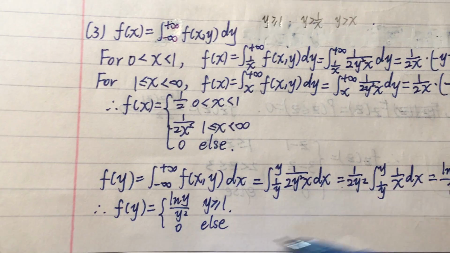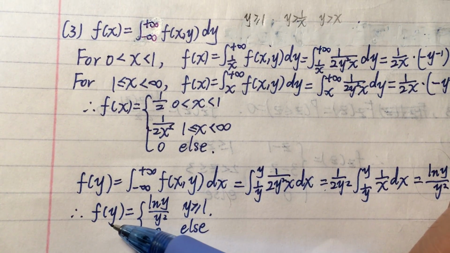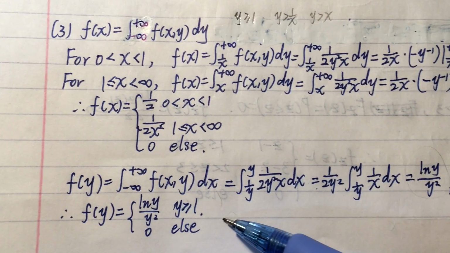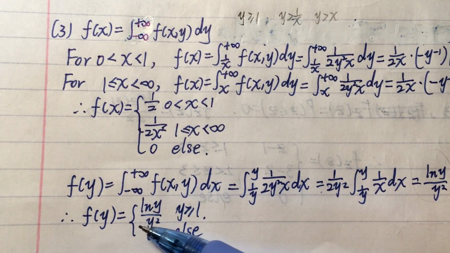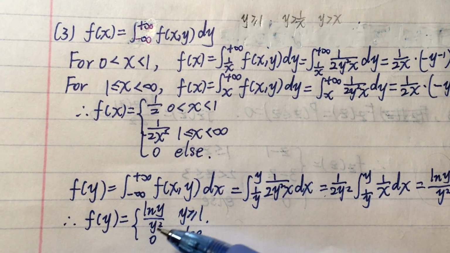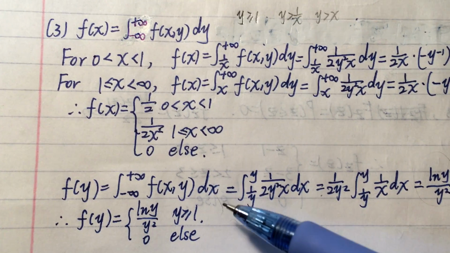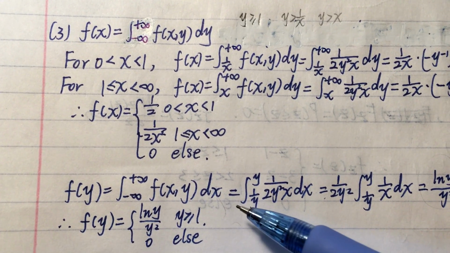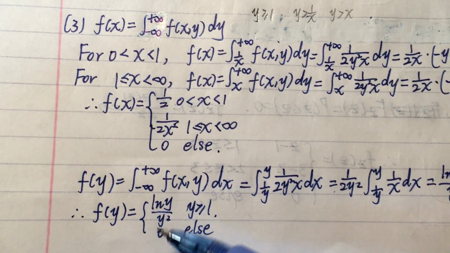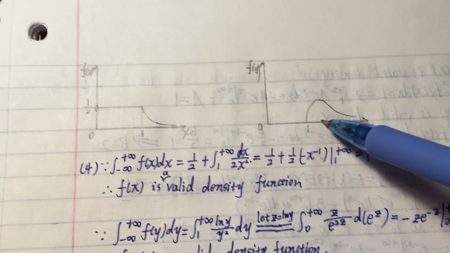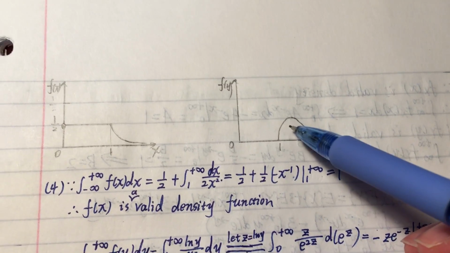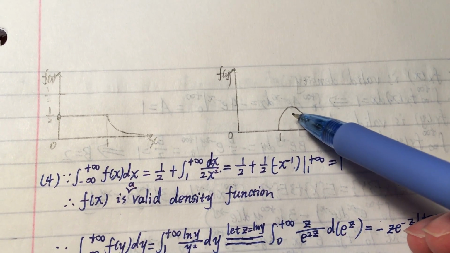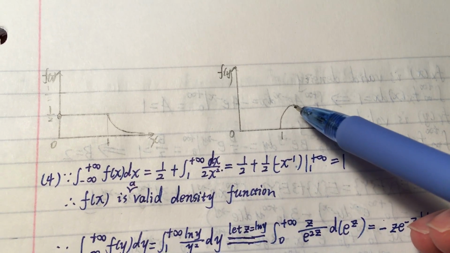So we can get the final density function of y equals to ln y / y^2 for y larger than or equal to 1, and other situations equals to 0. Through the expressions, we can draw the figure. These two figures express the marginal density functions.